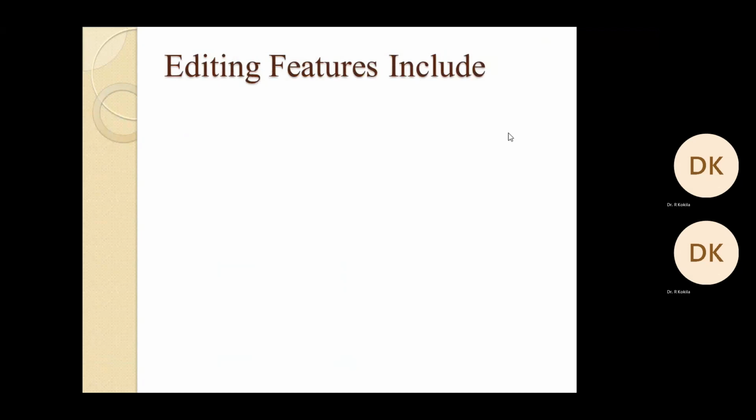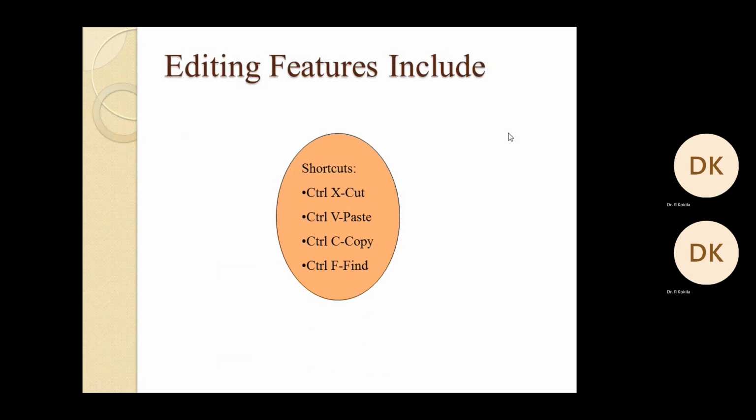Some of the editing features of MS Word: it is equipped with many features that allow the user to easily modify a document. Some of the shortcuts are Control X for cut, Control C for copying.